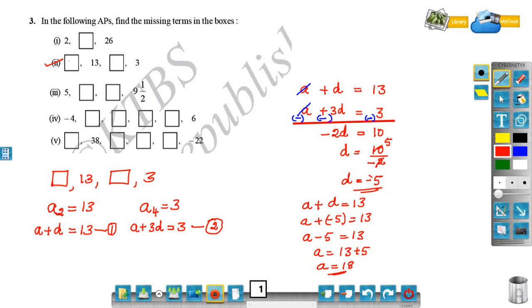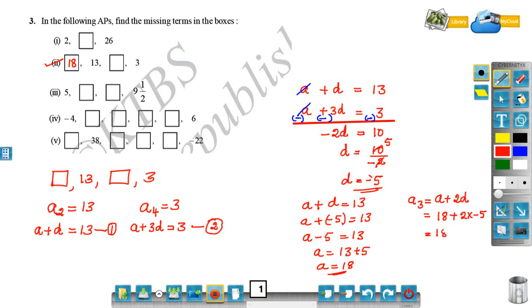So, first term is 18, then 13. We want third term. Third term a3 is equal to a plus 2d, that is the formula for third term, a plus 2d. A is 18 plus 2 into minus 5.